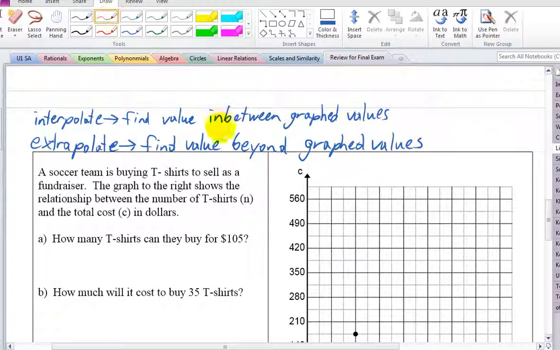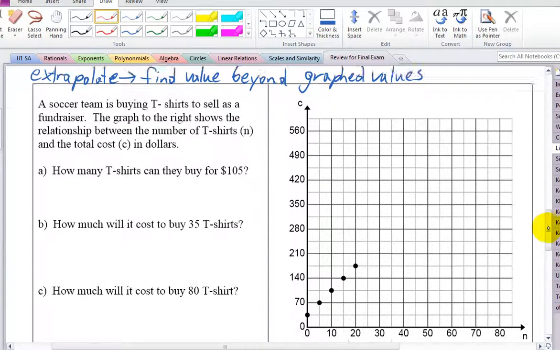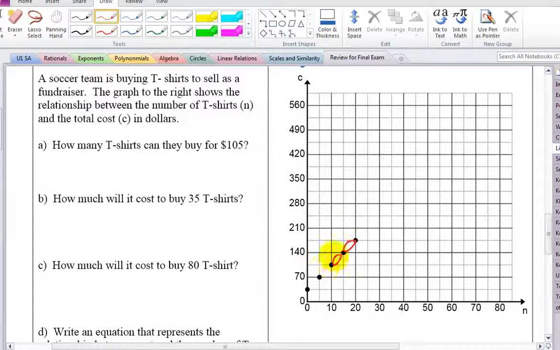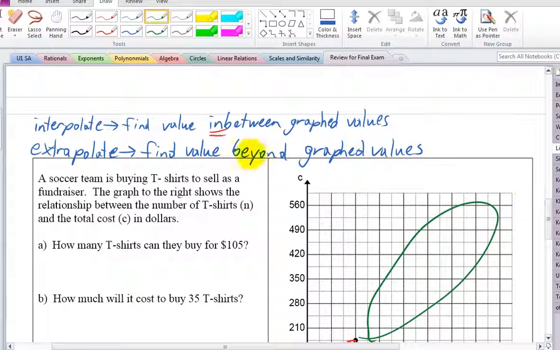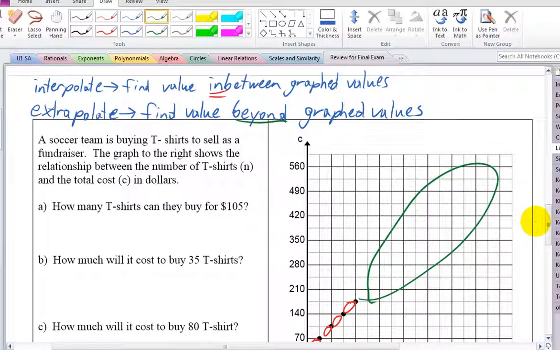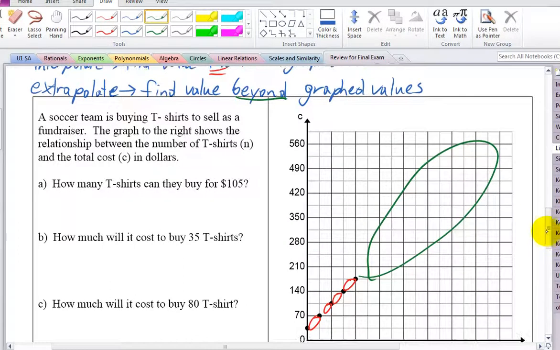Okay, so in the red, in between, that means anything in here, in between. Whereas the green, that will be extrapolate, anything that has to extend the line. Right? Good. So we have discrete data points here, very specific data points.